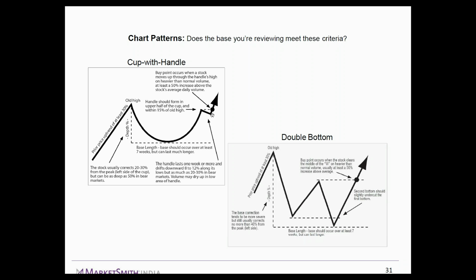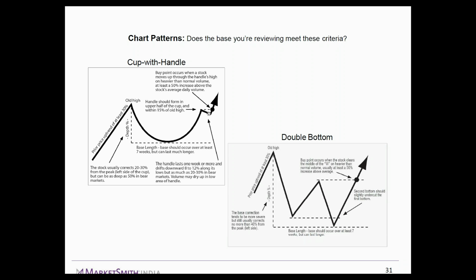This handle formation usually takes 1 week or more, and the downward drift is usually 8 to 12%, but again, in a bear market it could be even more than that, and it can go up to 20 to 30%. And even when there is a handle formation, the volumes usually dry up in this low area of the handle. So this is the cup with handle pattern.